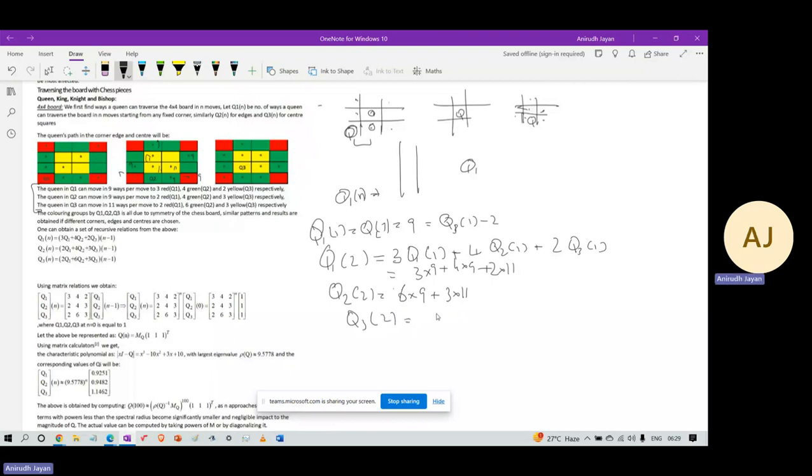And here we have 9, 9, 9, 9, 9, 9, 9, 9, 11, 11, 11. So we have 8 into 9 plus 3 into 11. So Q3 comes out as the largest and Q1 as the least.